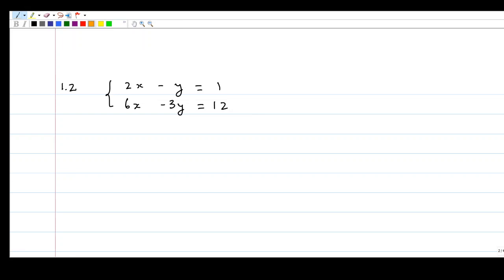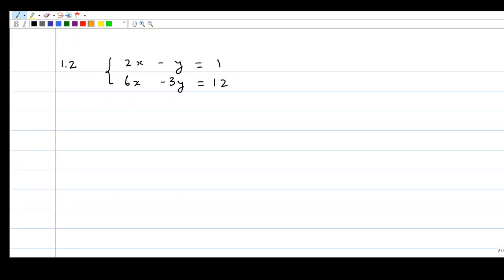Looking at 1.2, we've got the system of linear equations we want to solve. I'll call the first one equation 1, the second equation 2.